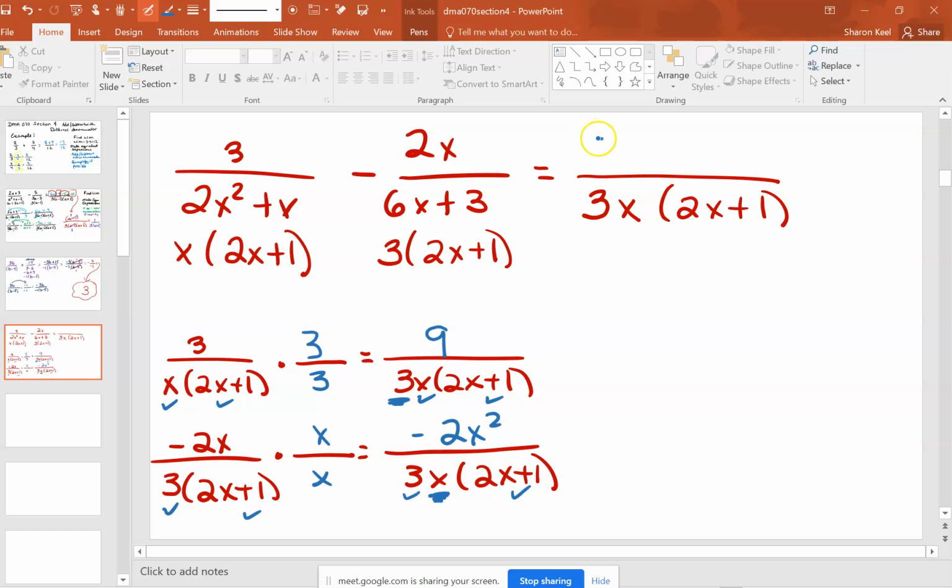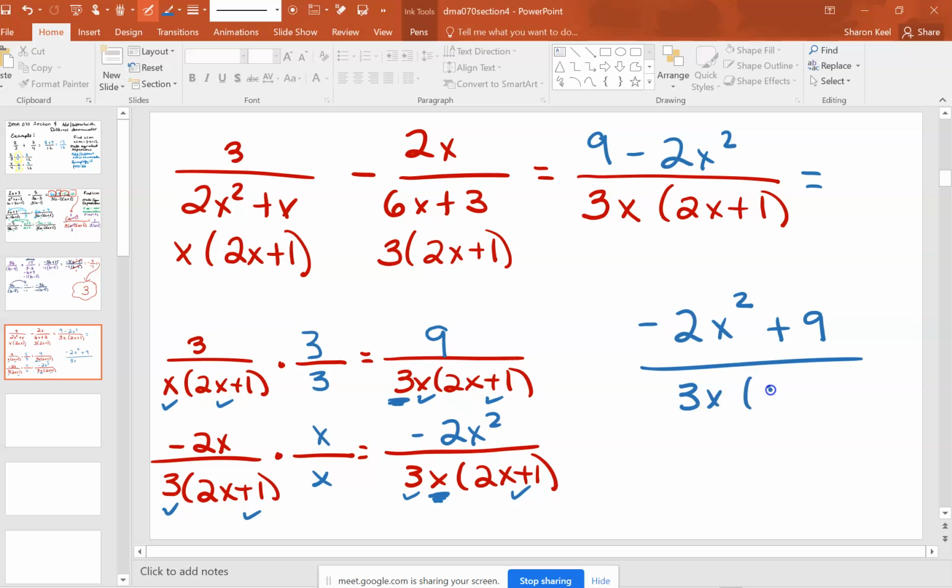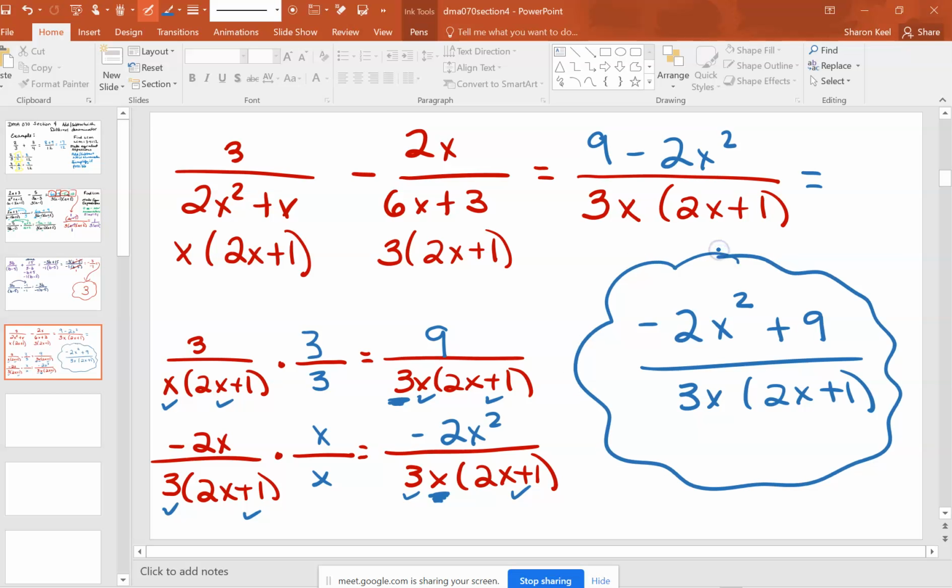So my first one is a 9 minus 2x squared. In order to put it in the correct order, however, we would write it with the negative 2x squared first, and then plus 9 over 3x, 2x plus 1. I would look at this and see, does 2 and 9 have a common factor? It cannot be factored or simplified any further, so that would end up being your final solution.